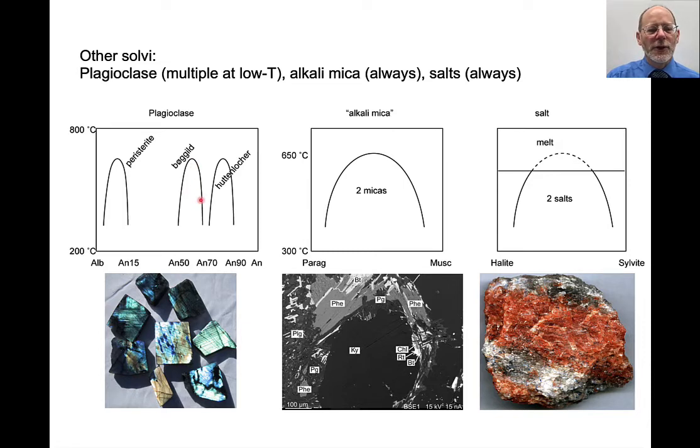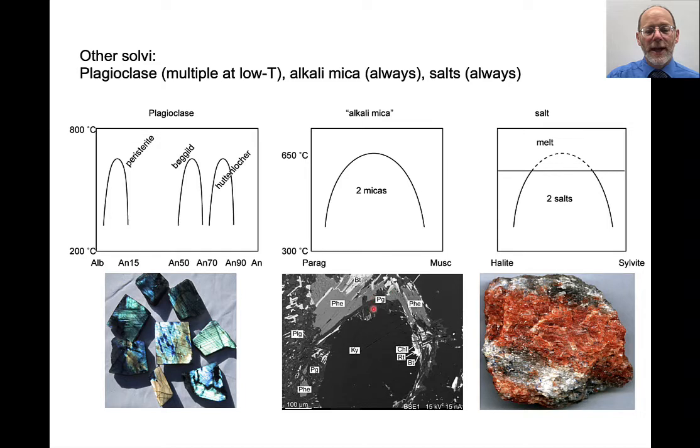It's either the Bøggild or the Huttenlocher gap, but intermediate feldspars up here, when they cool, they hit one of these gaps. They exsolve two different feldspars. One's more calcic, the other one is more sodic. And the fine intergrowth of these two feldspars diffracts the light and allows you to see these blue and green colors. Alkali micas, paragonite and muscovite, sodium and potassium micas, also separate into two different crystals.